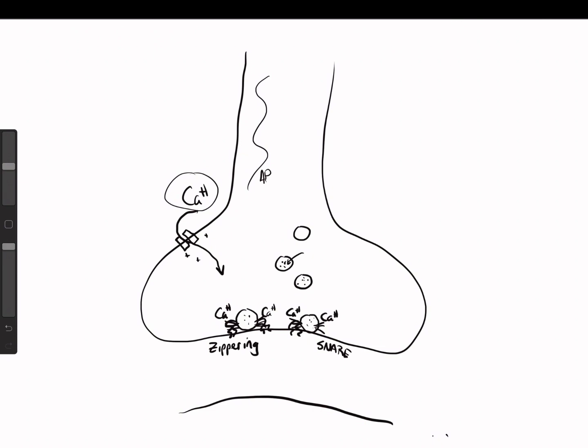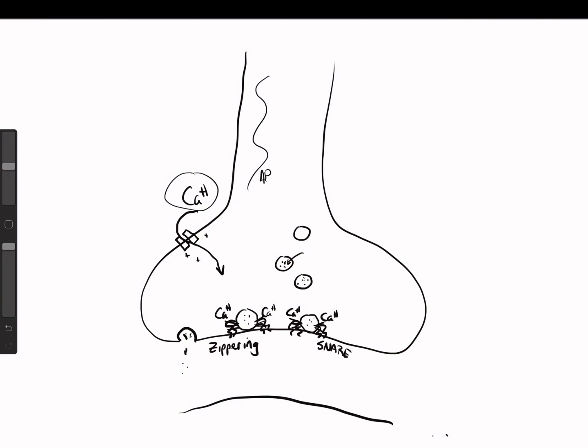And we can't draw that out, but you can imagine when you zipper, these guys are just kind of pulling the vesicle itself into conjunction with the cell membrane, which then allows exocytosis, and then it's going to allow neurotransmitter release.